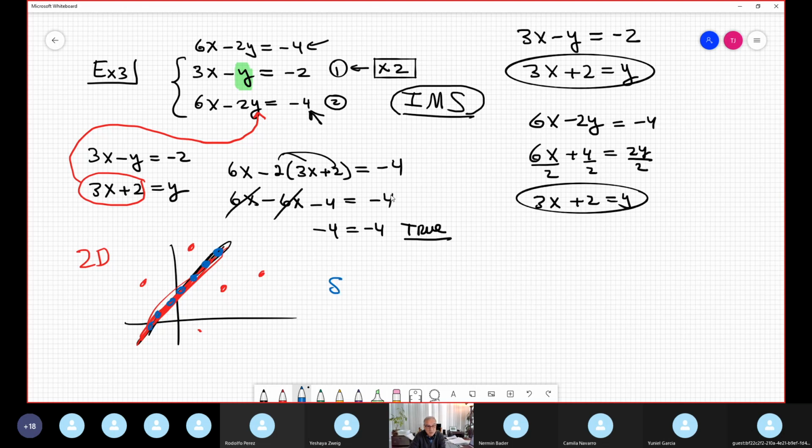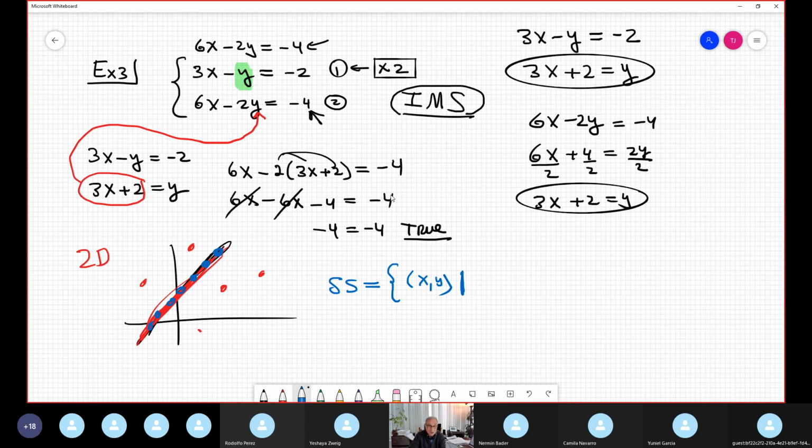So how do you write the solution set? Well, you're using a new idea. It is the ordered pair x comma y, like the blue color, such that, for example, there is a relationship between x and y. There are many ways to define that. You take equation 1, you take equation 2, you solve for y, you solve for x.